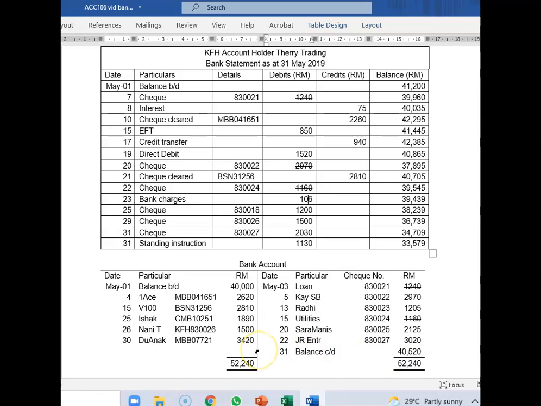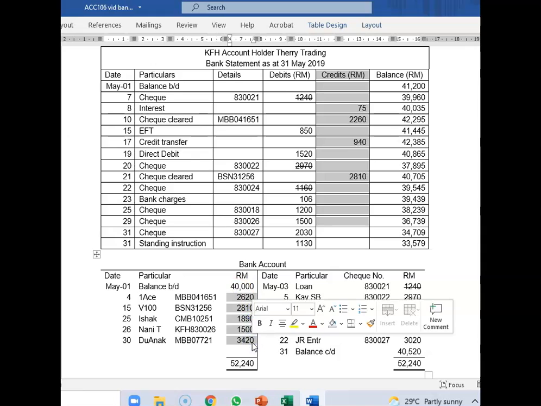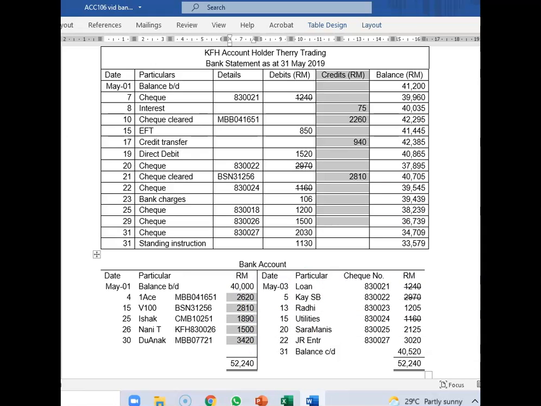Now move on to the credit side of the bank statement with the amounts on the debit side of the bank account. Please ignore the balance because it's not a transaction, it's just a balance.